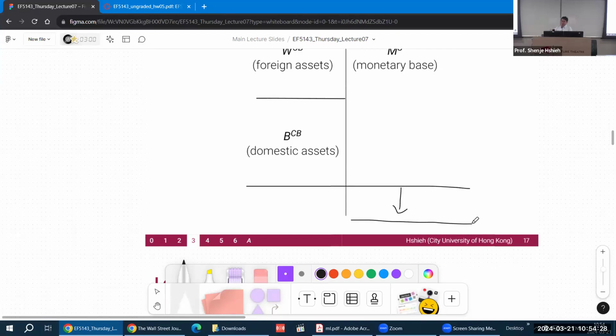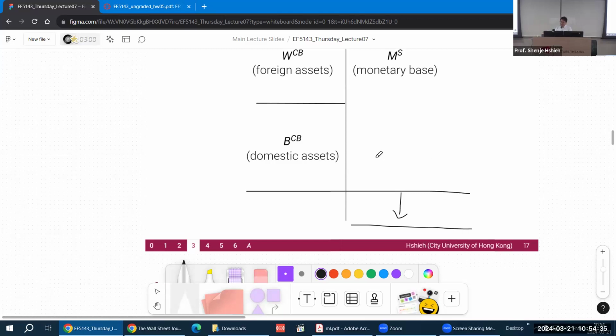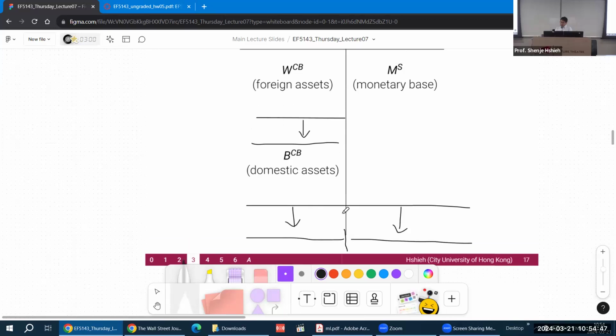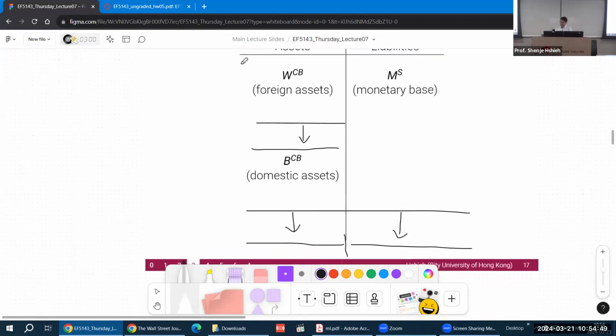We take our money, convert it to foreign currency, and buy foreign assets. So our asset side will increase, to this line. The entire left-hand side also shifts downward to a larger portfolio. Our entire balance sheet has now expanded on both sides. This is what happens when a country buys assets by printing money.